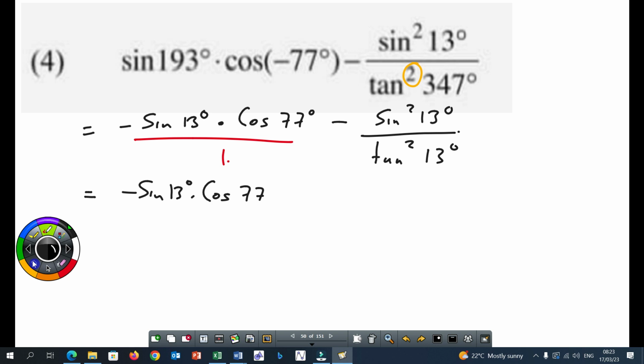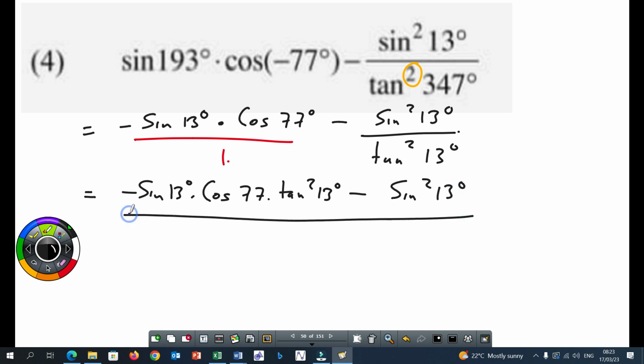But I realized that since cos 77 can be converted to sine 13, I can apply co-ratios there. Let me carry on. Maybe I can do the LCD as method 2. So I'm going to have here tan squared 13 degrees minus sine squared 13 degrees.